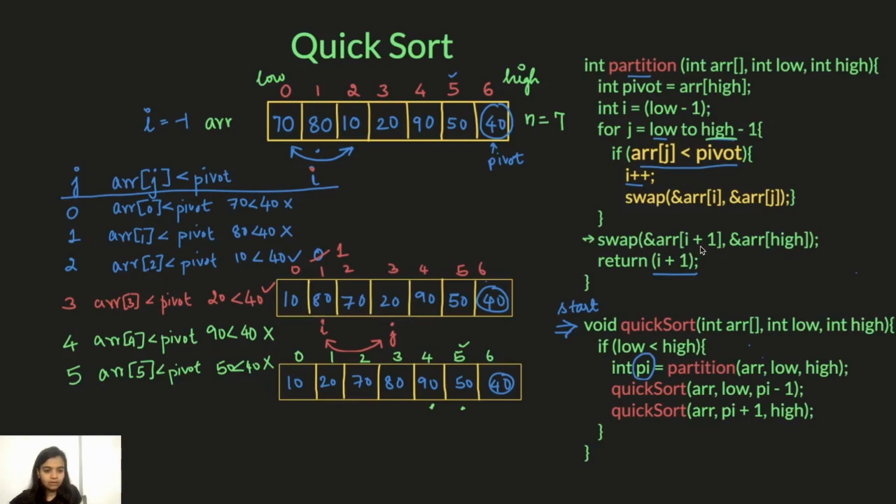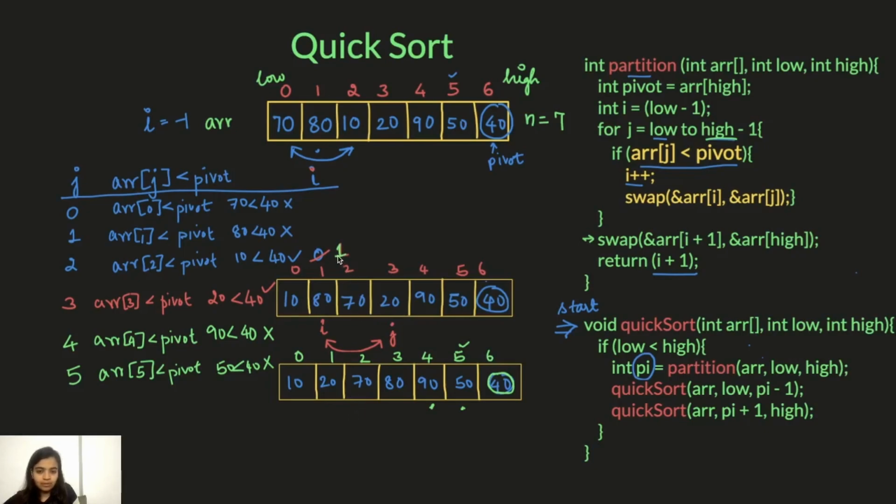Now what we do is we swap I plus 1 and array of high, that is pivot. We swap it with the I plus 1. Currently what is our I? I is 1.